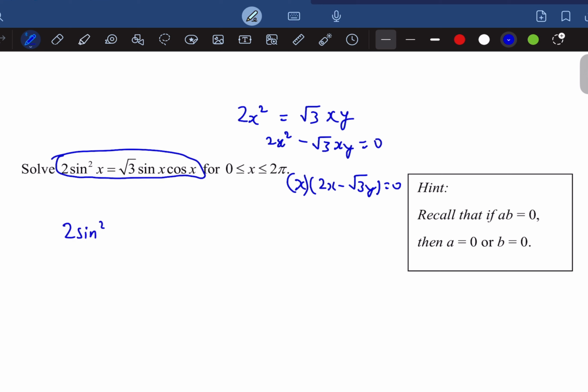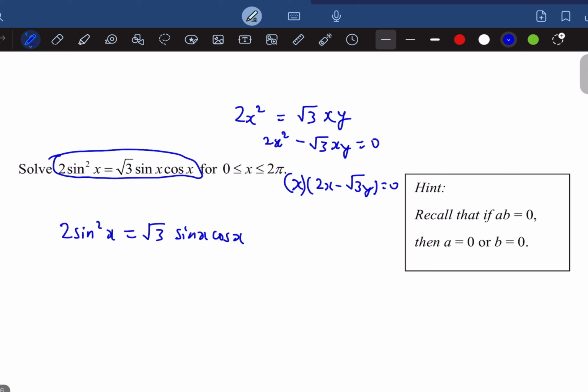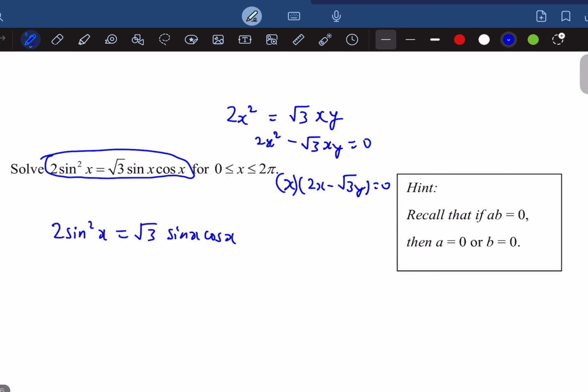2 sine square x equals to square root 3 sine x cosine x. Do take note, over the years, there are students who will cancel out the x. That means this is wrong, even for the algebra part. Some students will do this, which is wrong: 2x squared equals to square root 3 xy.